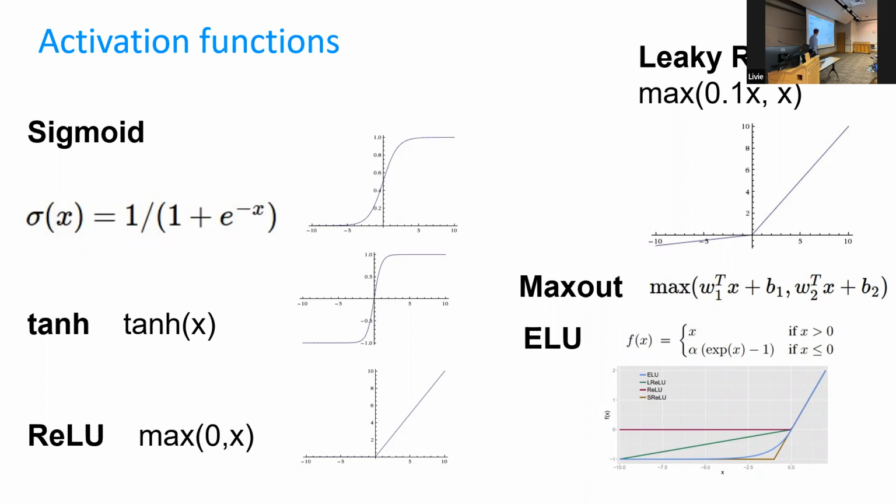I believe that usually in practice, they just say that the derivative at that point is 0. You just say the derivative is the limit of the derivative from the left side, and it doesn't really make a difference because it's a measure 0 point. Okay. All right, so those are some activation functions.